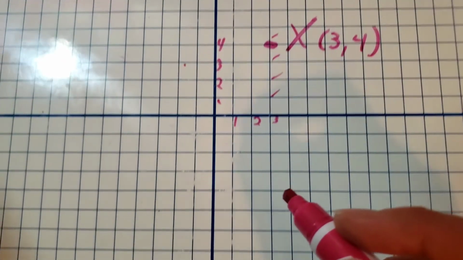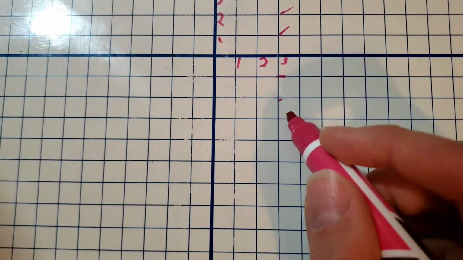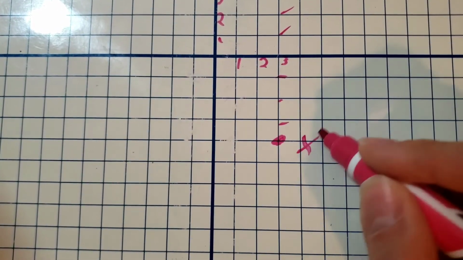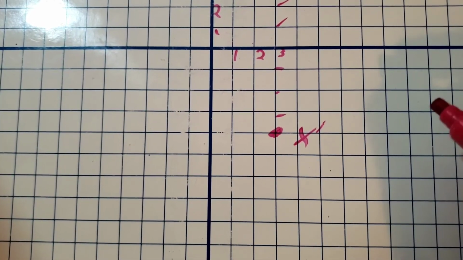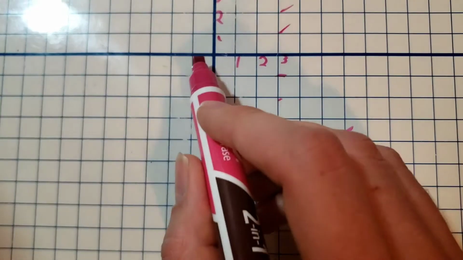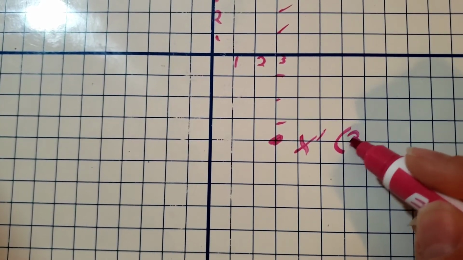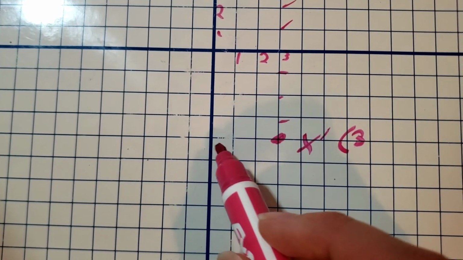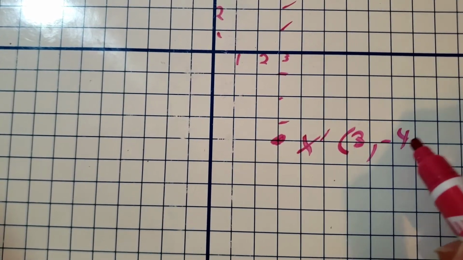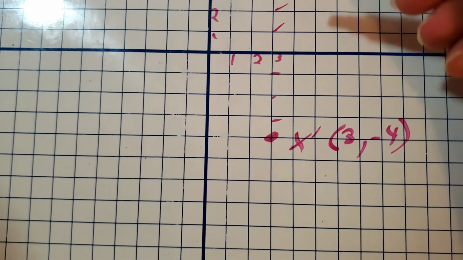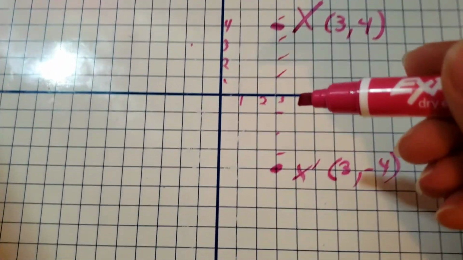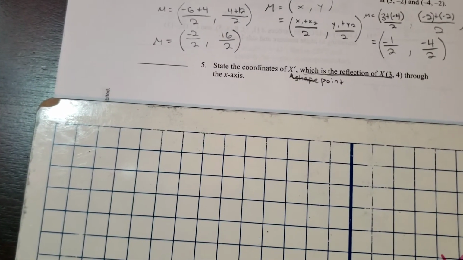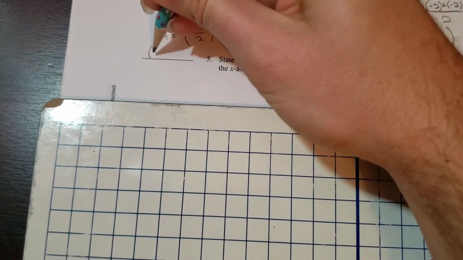It's going to reflect over 4 steps away. So this is going to be x prime, which has the same x value, 3, but now I'm at negative 4. So it reflects across the x-axis to the coordinates 3, negative 4.